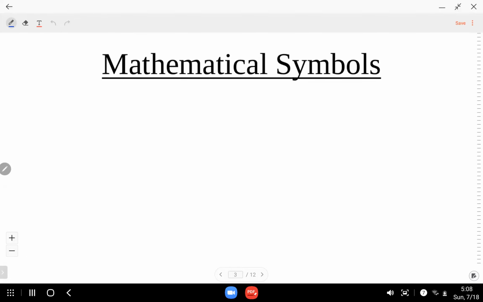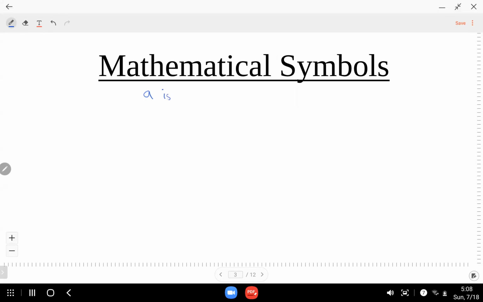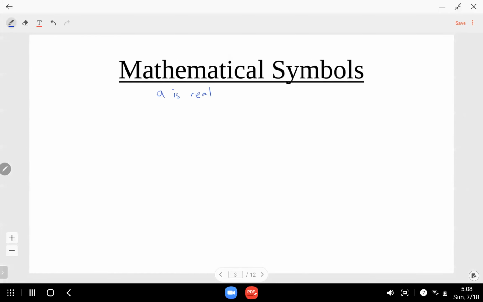For example, if you're going to say A is real, which basically means A is a real number, it's easier to just write that with mathematical symbols.